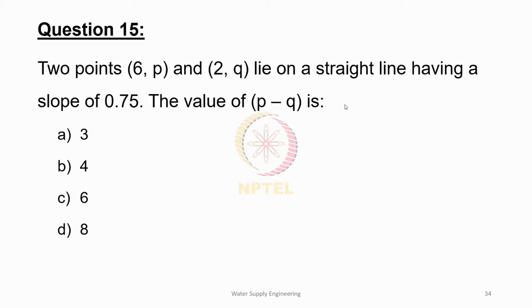So, slope of the line is given, 2 points on the line are given. We are asked to determine the value of p minus q. So, let's give everyone time to solve this.